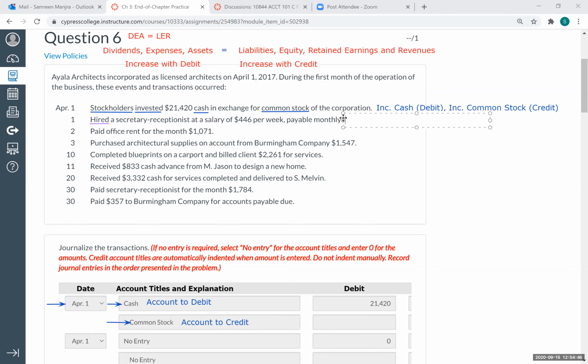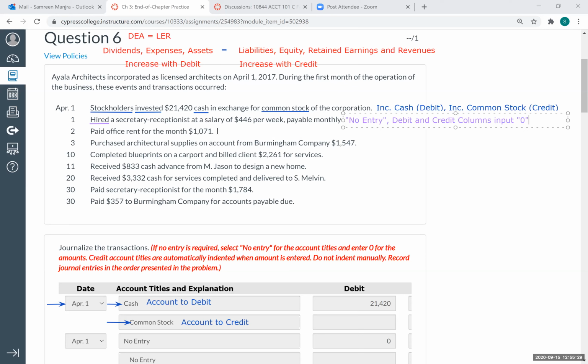When they do work, that's when we will record the salaries and wages expense. But at this point, because we've only hired the secretary, there's no entry. In your problem, you can just type in no entry, and for the debit and credit columns, you're going to input 0 because there's no dollar impact at this point.